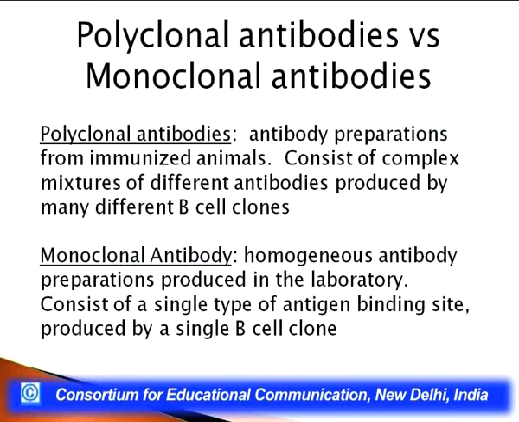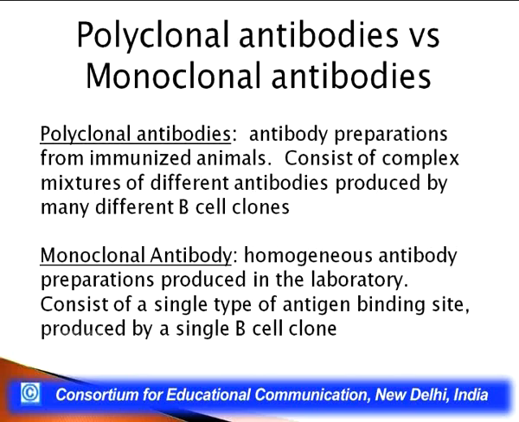So, polyclonal antibodies are those antibody preparations from immunized animals. They consist of complex mixture of different antibodies produced by different B cell clones. However, whenever we have certain therapeutic uses or diagnostic uses or to be used in the research, these polyclonal antibodies are not much of a use.